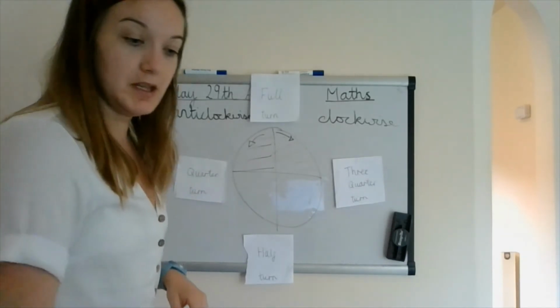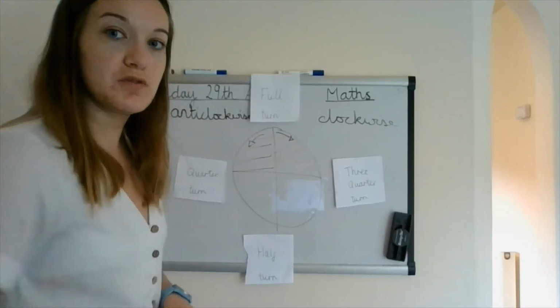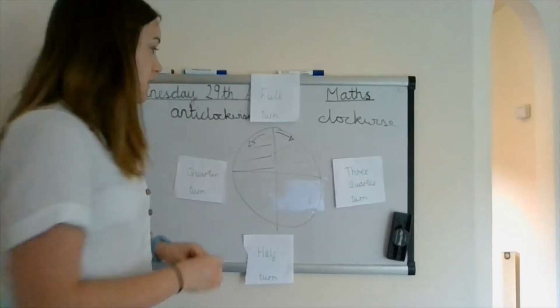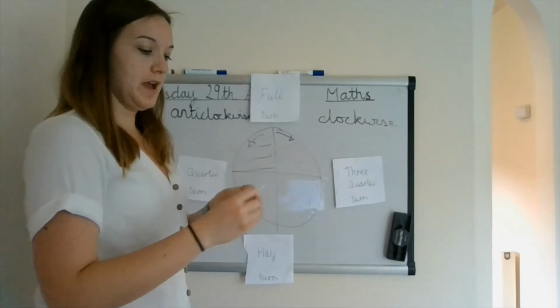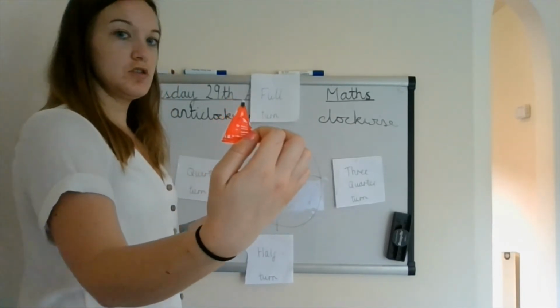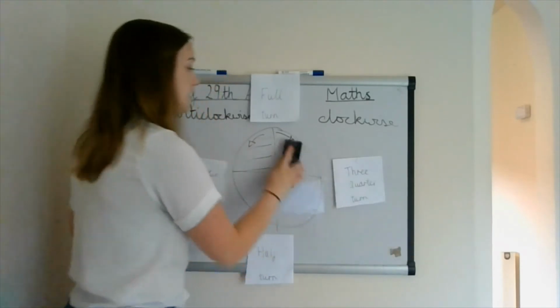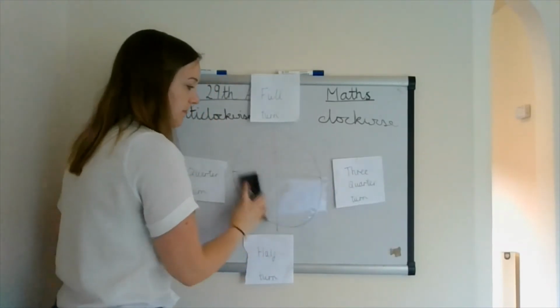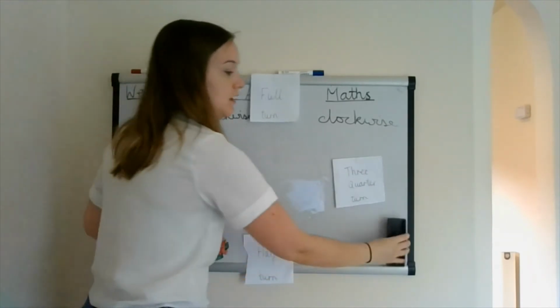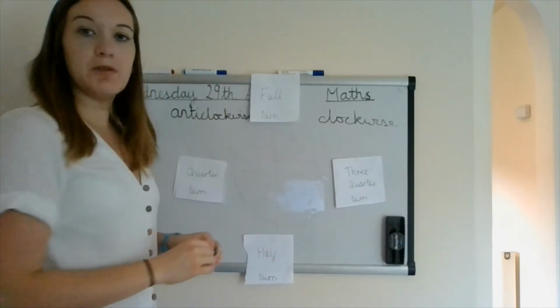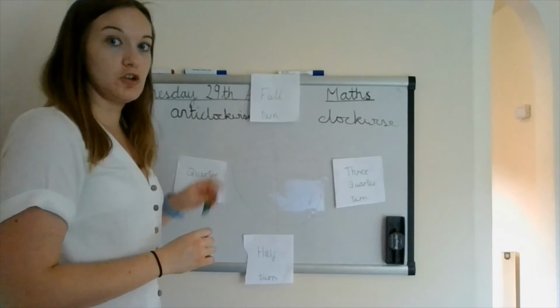So let me get my pictures from yesterday. So yesterday we had a unicorn and a red triangle. So if you've still got those, then you can use them. Okay. This time, I'm going to just do anti-clockwise.